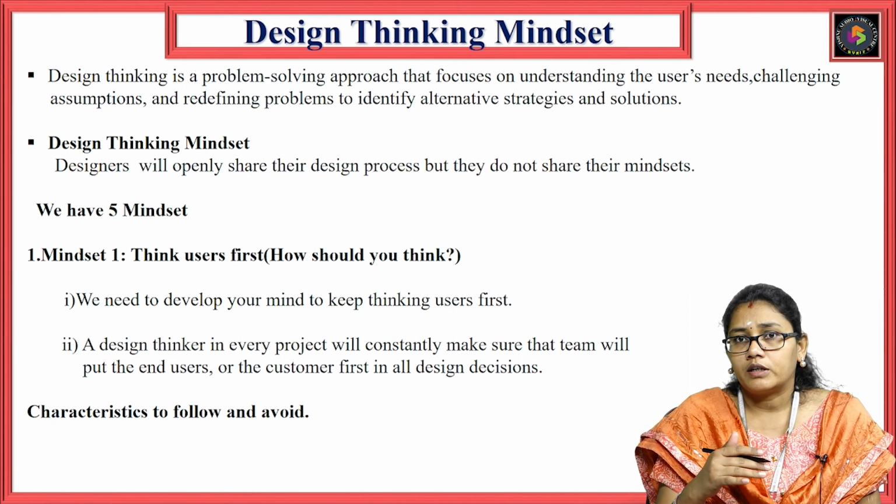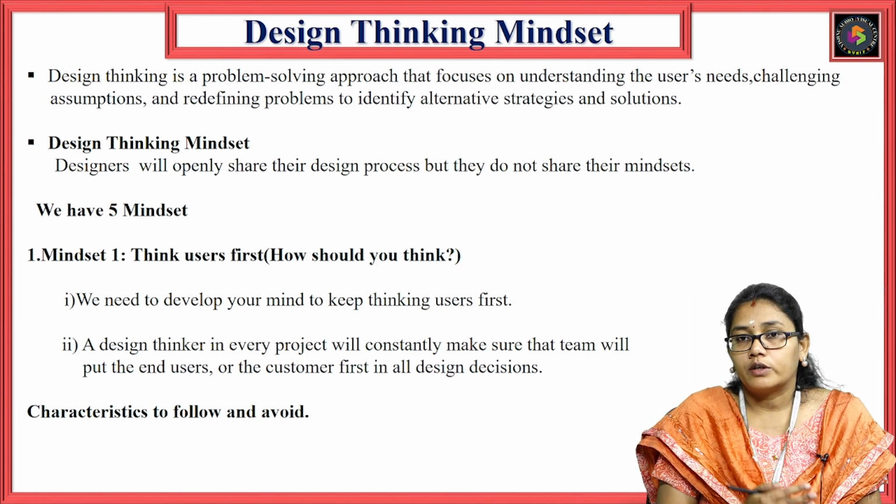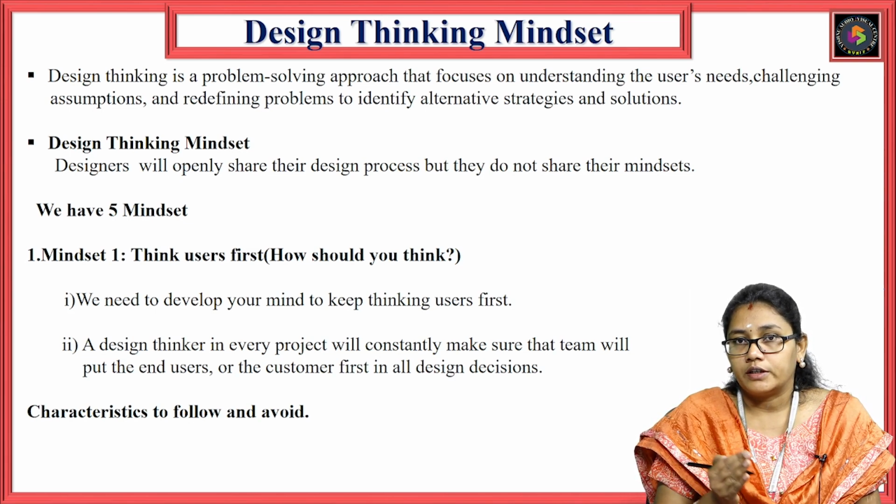In this mindset one, we have some characteristics to follow and some characteristics to avoid. The characteristics to follow: whatever decision we take, we are concerned with the end users or customers. That is the first one. Next, be constantly engaged with the end users. Whatever we do, we engage with the end users.